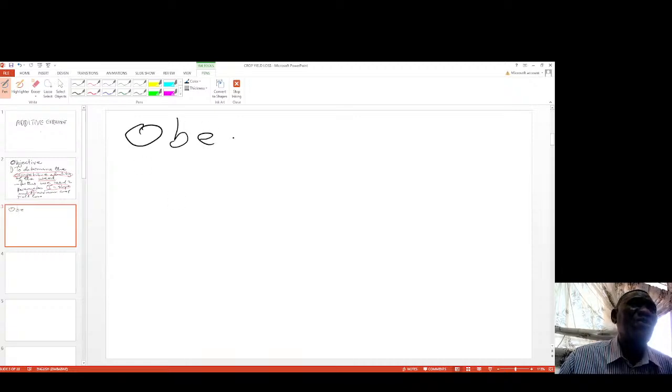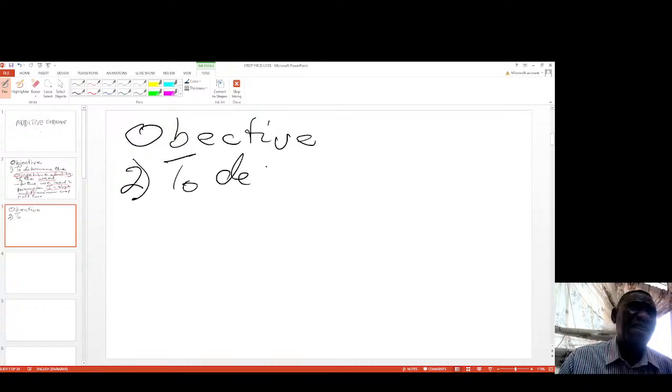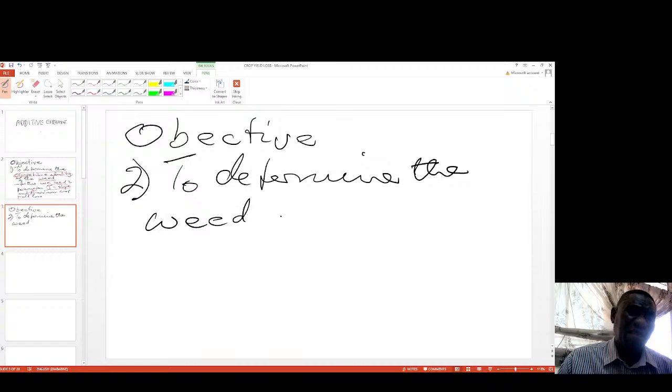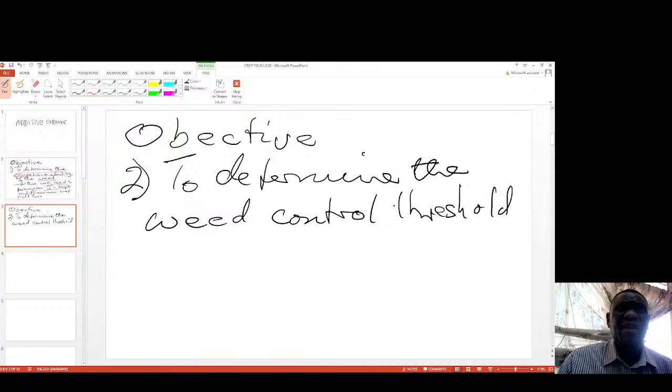Objective number two, to determine the weed control threshold.